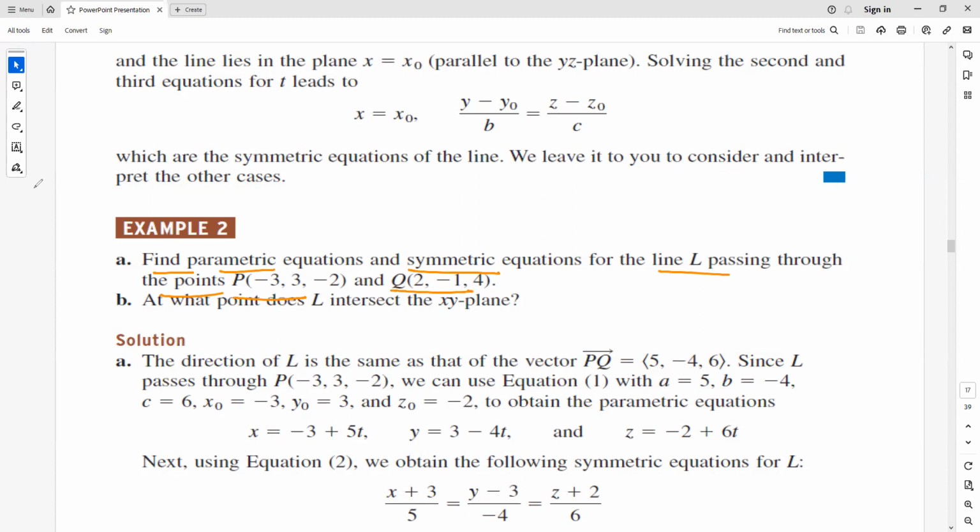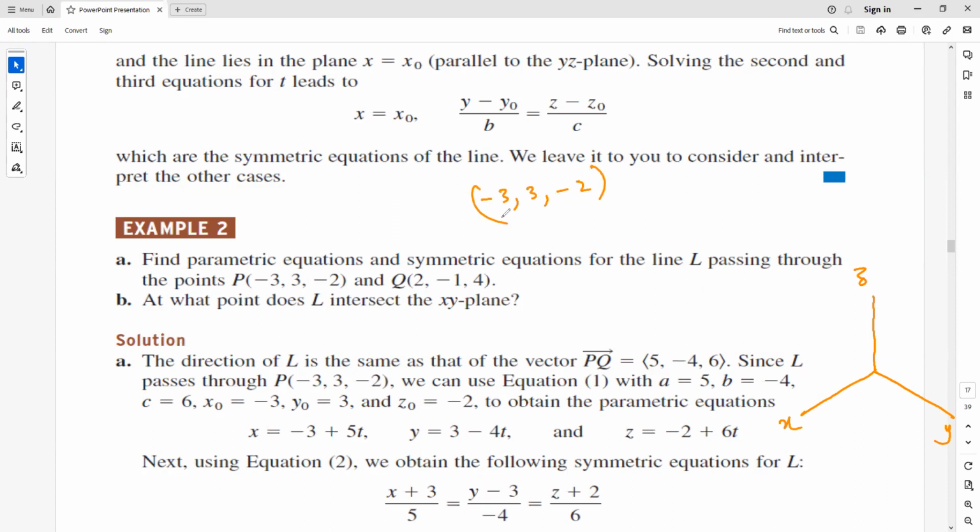Okay, now we are given 2 points. So here we don't have the parallel vector, but we are given 2 points so that we can find a parallel vector. So let's say that we have this coordinate system X, Y, Z. The first point is -3, 3, and -2, right?